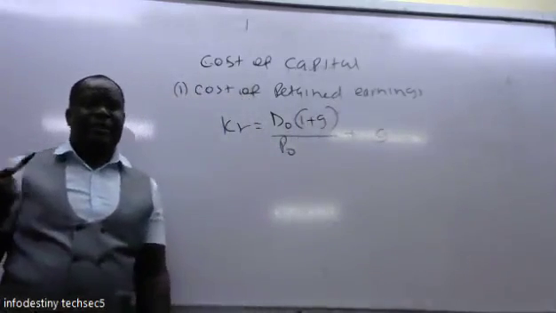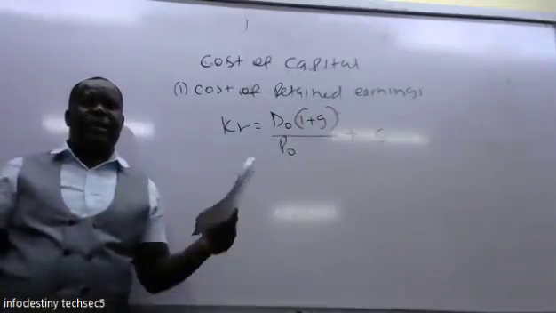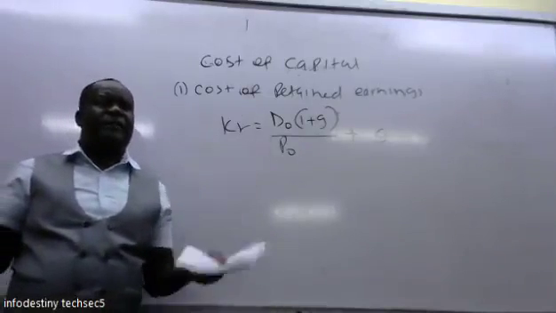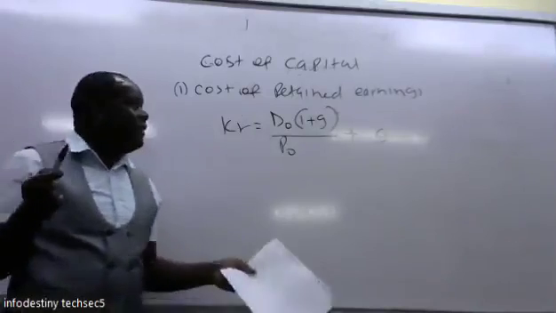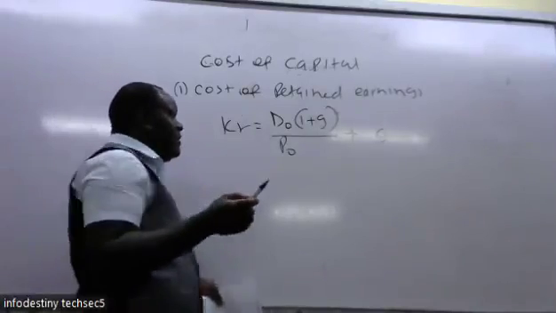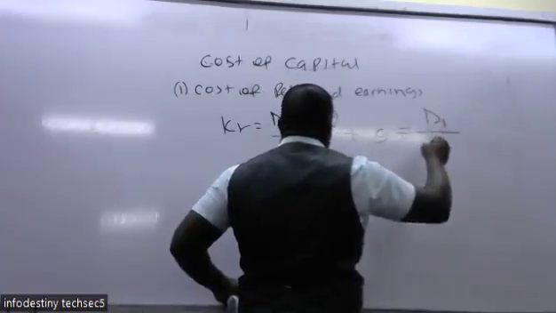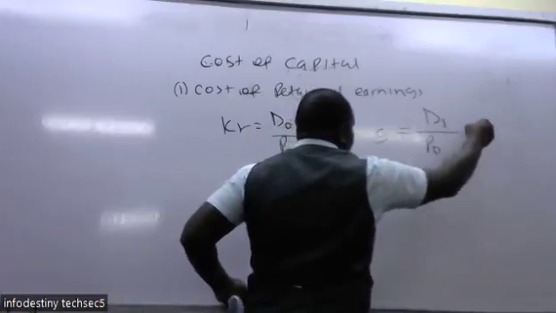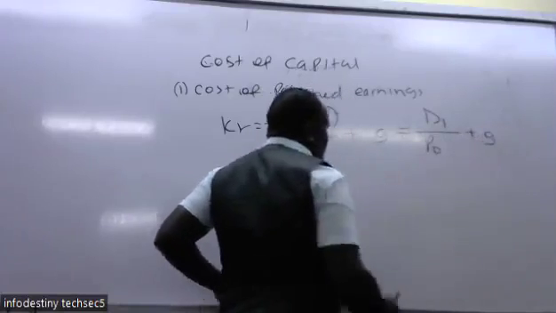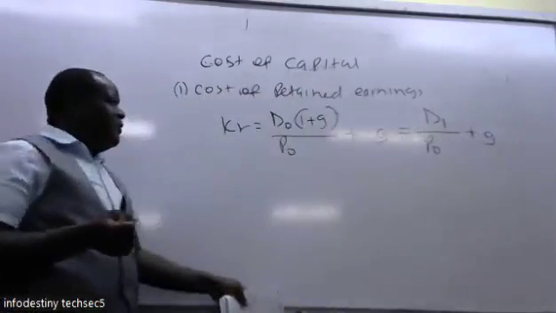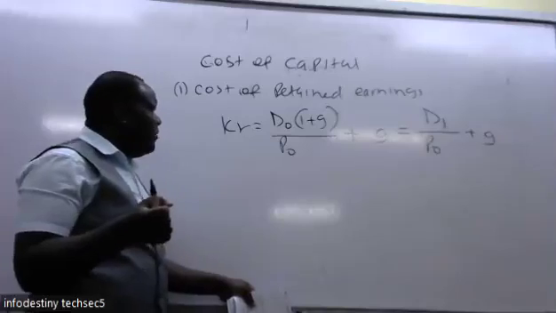I had given you a summary of those formulas: the one with the constant dividend growth rate for ordinary shares, whereby it ends up being D1 divided by P0, then you add g. So that is meant to be our KR.